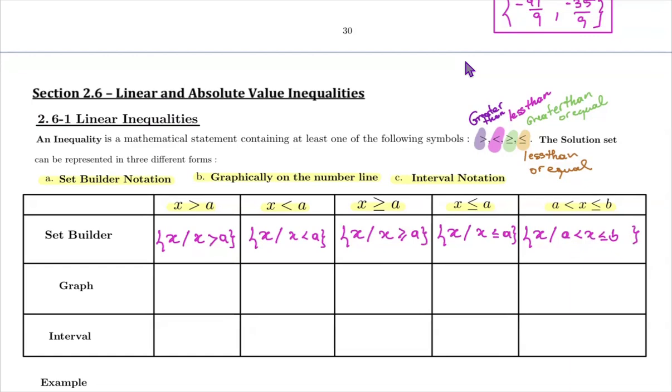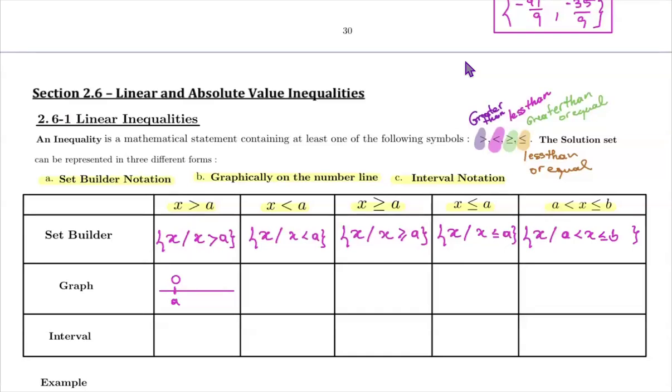Now on the graph, you're going to want to have the number line. Say that's my number line here, and say that is a. The solution proposes that x is greater than a. Without the bar, you're going to exclude the value a by putting an open circle, because when the bar is not there, a is excluded from the set.